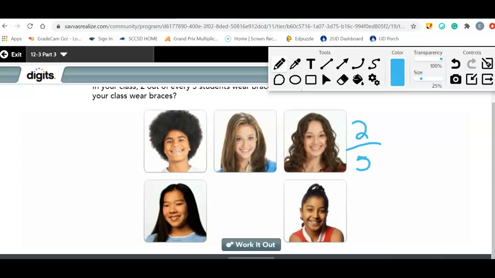Okay, if we have 2 out of 5 people wearing braces, what are we going to do to find the percent? Jacob? We do 2 times 20, we get 40, and then what do we do? Multiply 5 by 20 as well.